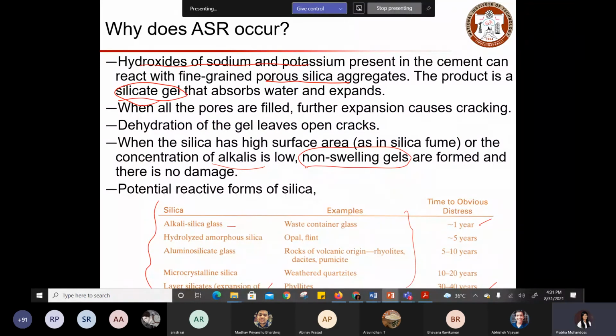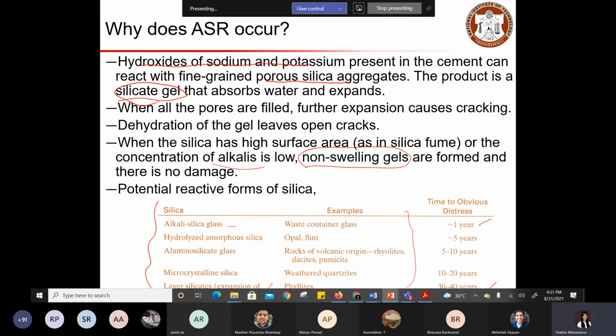So here you can see why the ASR occurs. When hydroxides of sodium and potassium present in cement, that is basically your alkalis, react with the aggregate, that results in silicate gel. When you have silicate gel formation, it has a tendency to absorb water and expand. Because of this expansion, that leads to cracking.